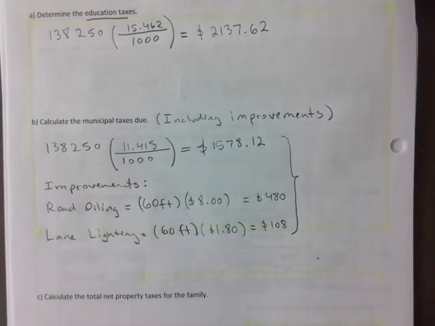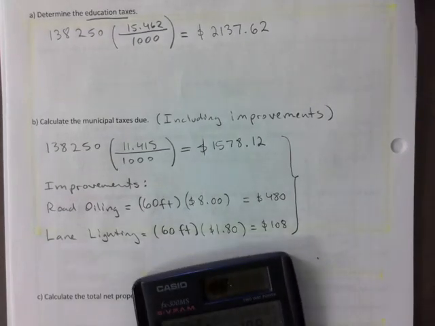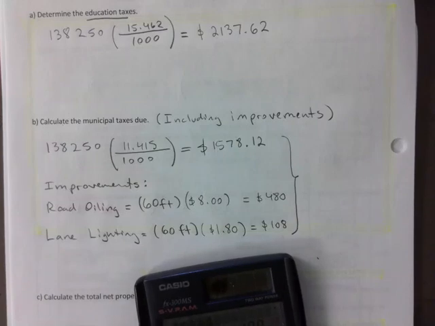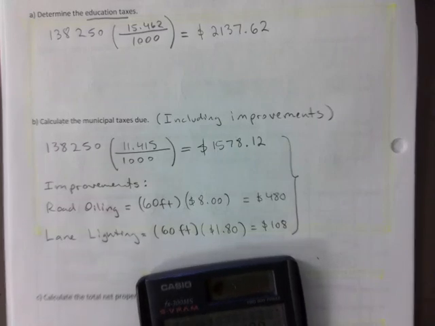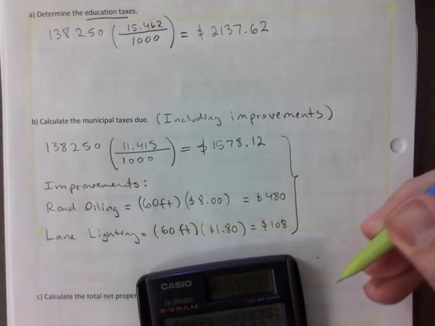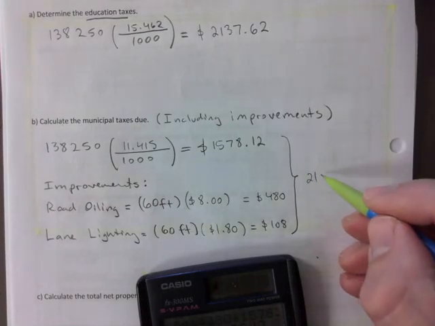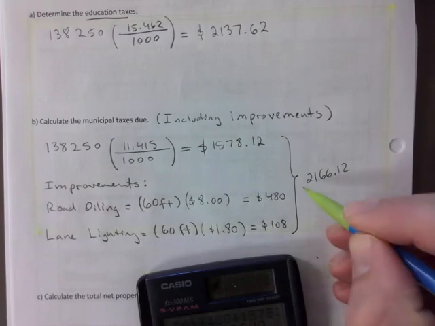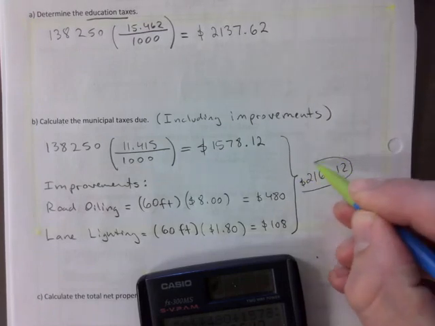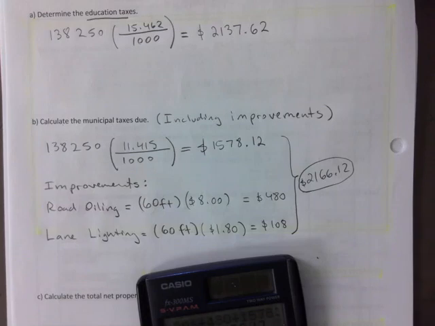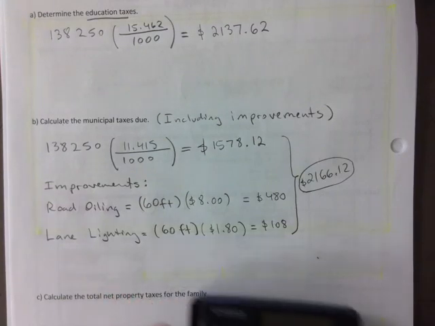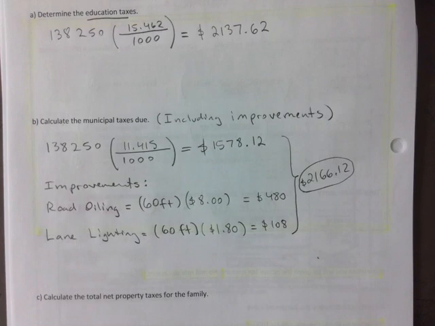So we add that up, and we get 2166.12. Okay, so this is the number that ultimately answers the question, what are the municipal taxes here?